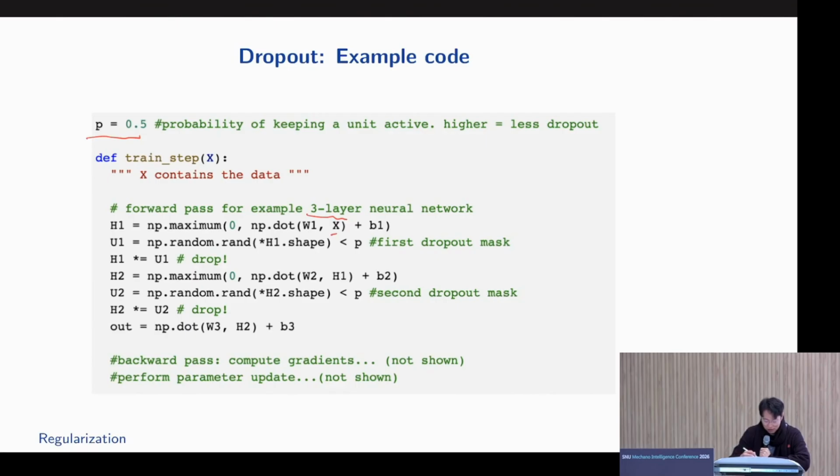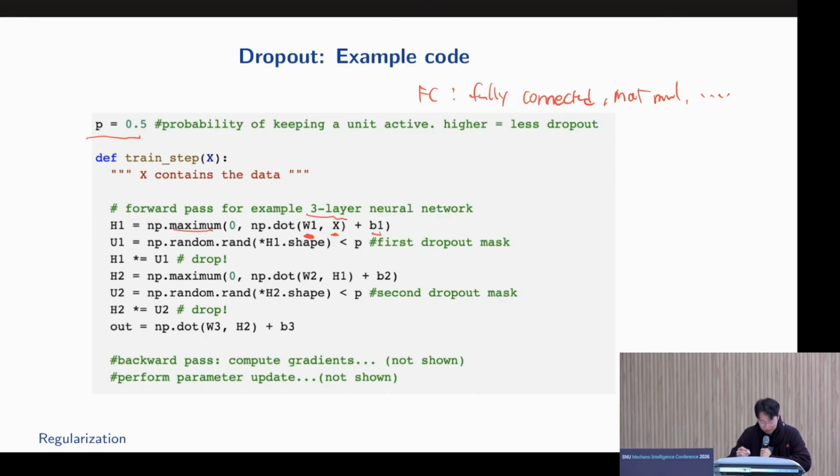You take your input X and multiply by the first FC layer, FC meaning fully connected, matrix multiply, they all mean the same thing. So you matrix multiply W1 with X, apply some bias, and apply ReLU.